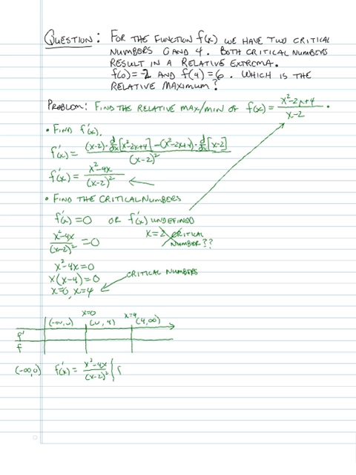If we calculate the derivative using a negative number, well, we'll have a negative number squared minus 4 times a negative number, and below we'll have a negative minus 2 squared.